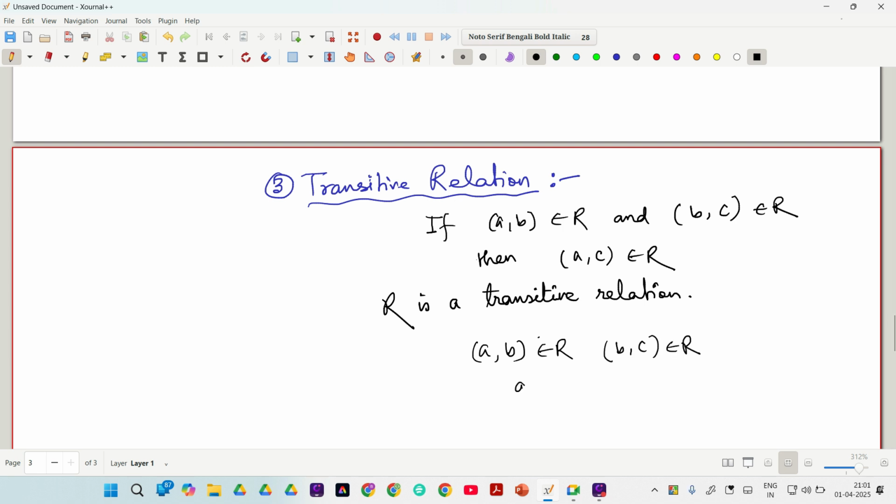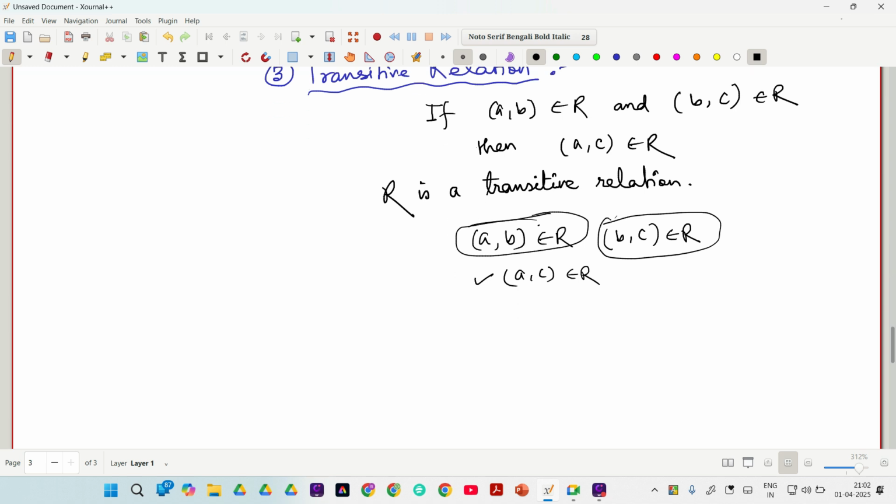Then we will check whether (a, c) belongs to R or not. The checking part is this, and before that we have to check that (a, b) and (b, c) belong to R or not.